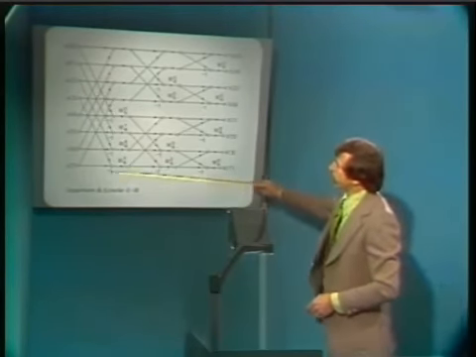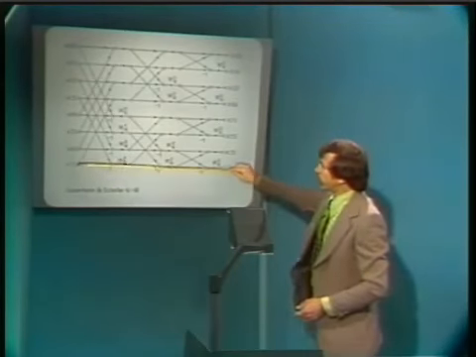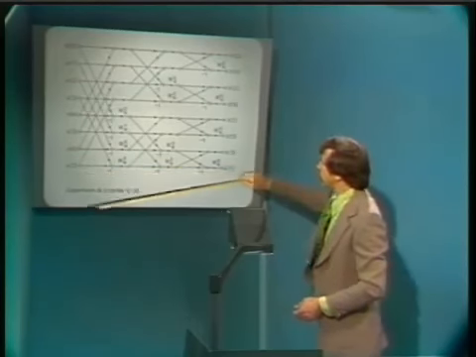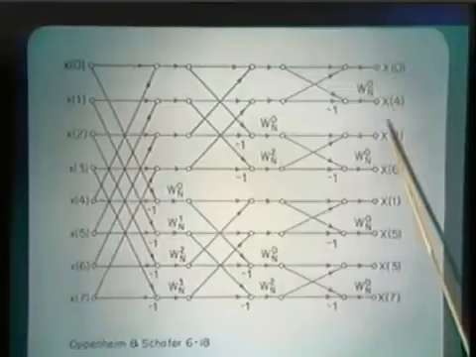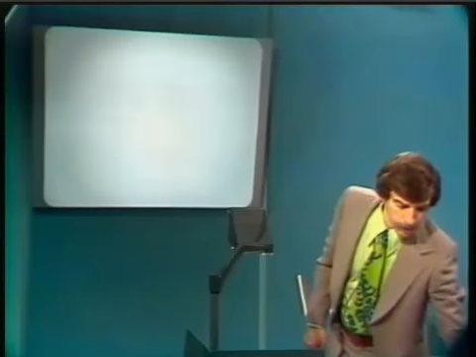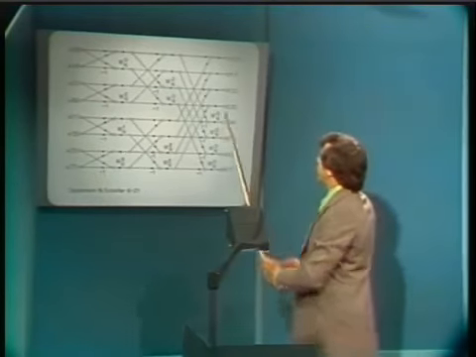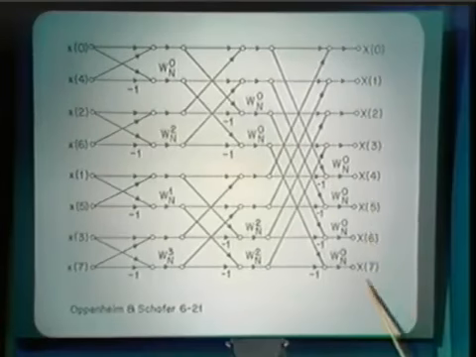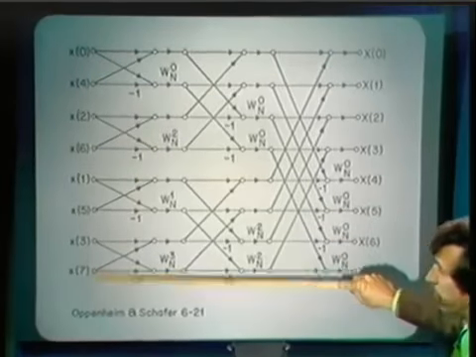To rearrange the flow graph so that the output is in normal order, we would again simply take horizontal lines and resort them so that the output nodes are sorted in normal order, and the flow graph that results is a decimation in frequency form of the algorithm for which the outputs are in normal order, but the inputs are in bit reversed order.